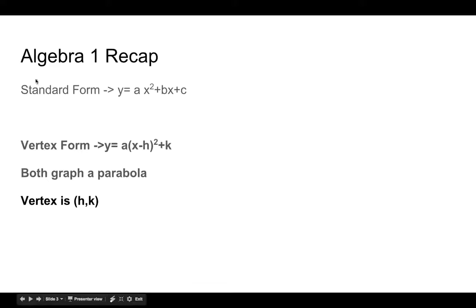Obviously these both form a parabola, and let's keep in mind that the vertex is (h, k), so whatever value is here is going to be the x value, and this would be the y value of a vertex right here. So this could be minus 0, 0, and the coordinates would be (0, 0) for the vertex.